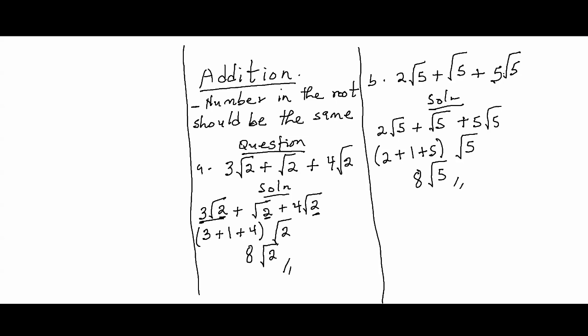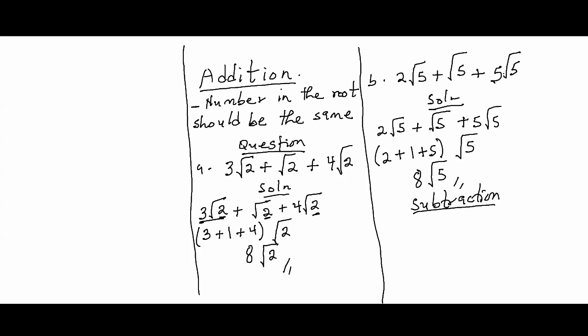Now, the same rule applies to subtraction. So you have to first check if the numbers inside the square root are the same before you subtract the numbers outside the square root.